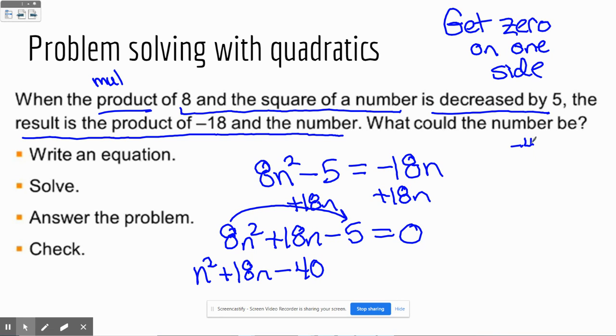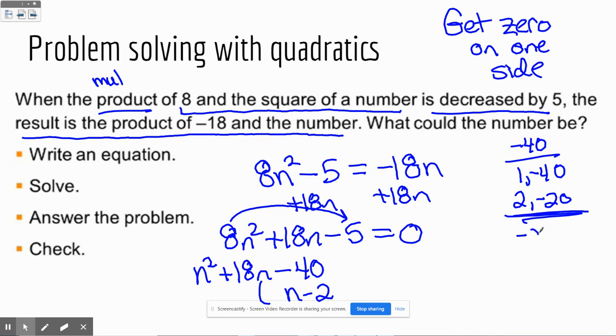Make your list for -40. 1 and -40, 2 and -20. That gives me -18. I need a positive 18. So let's do an n minus 2 and an n plus 20. That gives me the positive 18 I need.